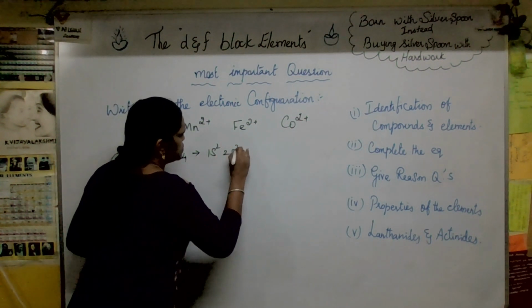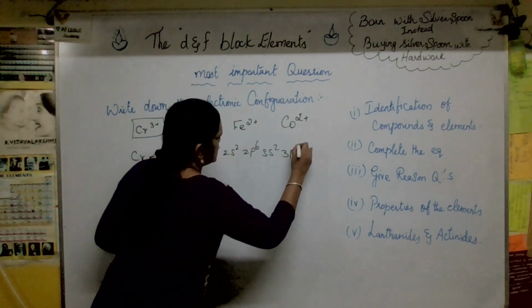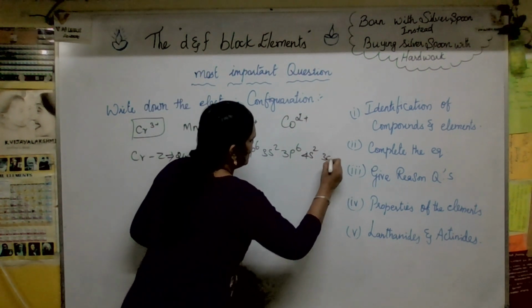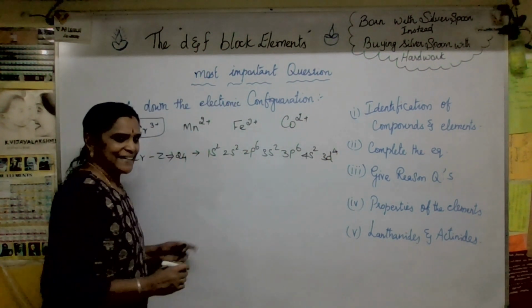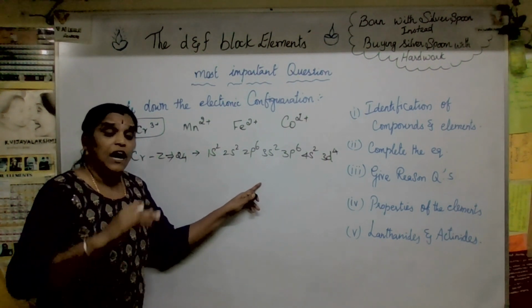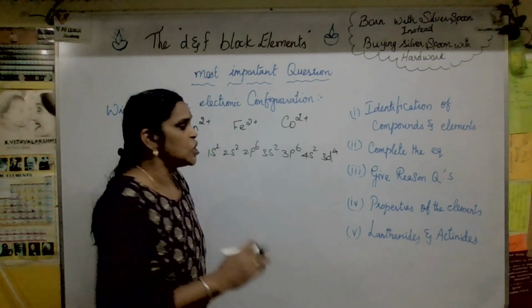So how can you write that electronic configuration? 1s2, 2s2, 2p6, 3s2, 3p6, 4s2, 3d4. But is this correct? No. Why? Because half filled and completely filled are more stable. So what happened?